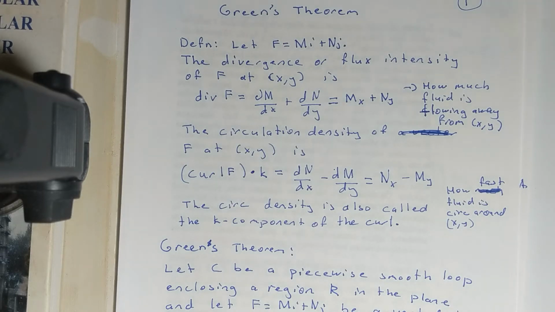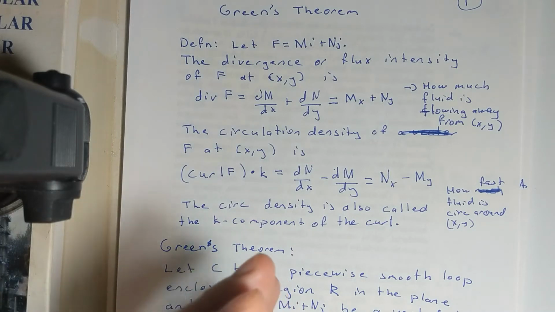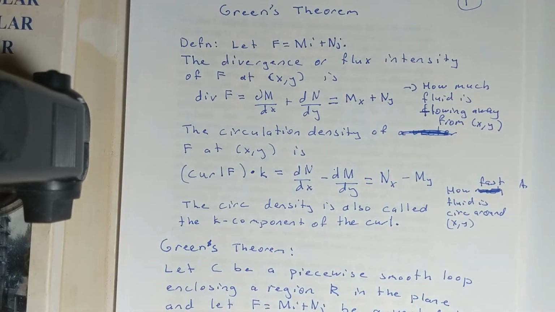And the circulation density of F at the point (x, y) is, we could say it's curl dot k. Another name for it is the k component of the curl, and that's going to be dN/dx minus dM/dy. So you can abbreviate it as N sub x minus M sub y. Now if you have some kind of velocity field of a fluid, let's say the fluid's kind of turning around like a whirlpool, okay?